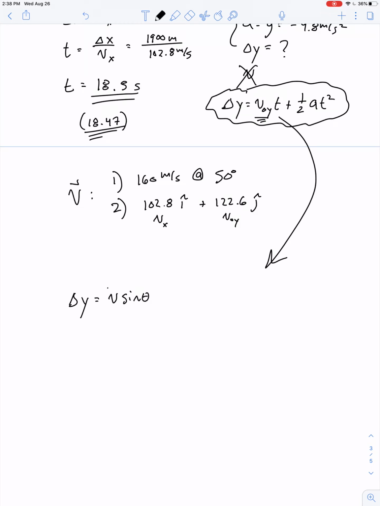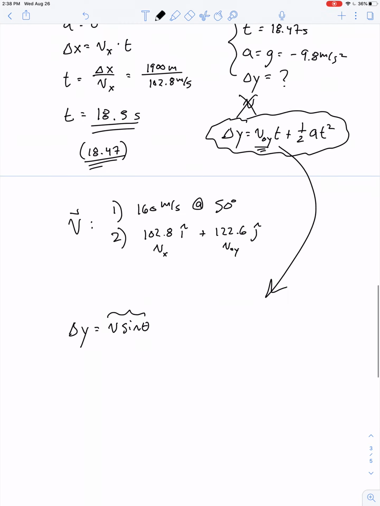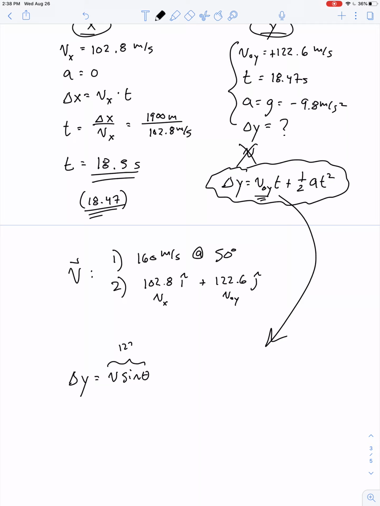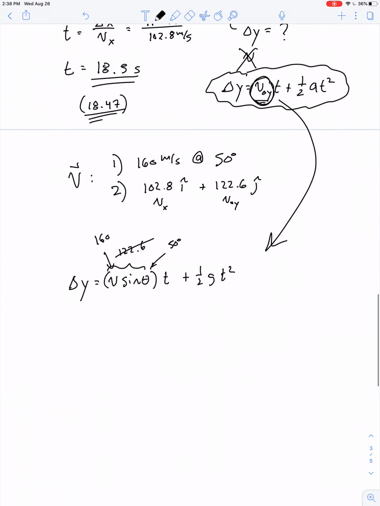That whole amount we already found is 122.6, but had we not found that, and we just knew that v was 160 and theta was 50 degrees, then I'd have to say delta y is v sine theta, that's v naught in the y direction, times t plus 1/2 g t squared.